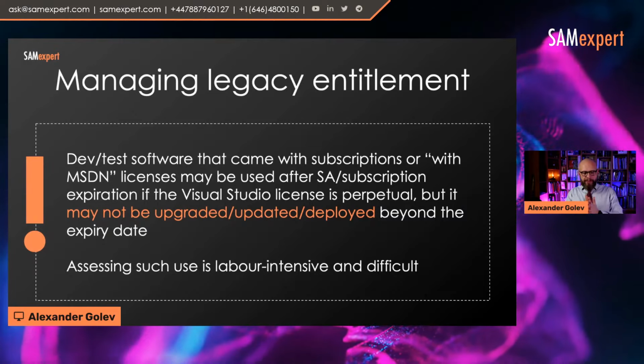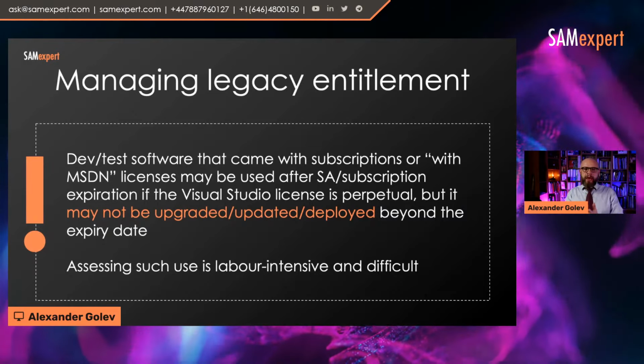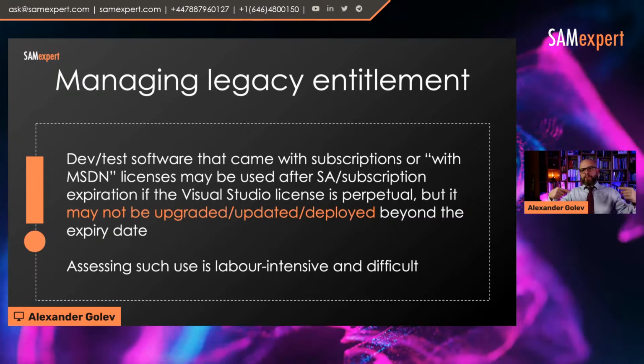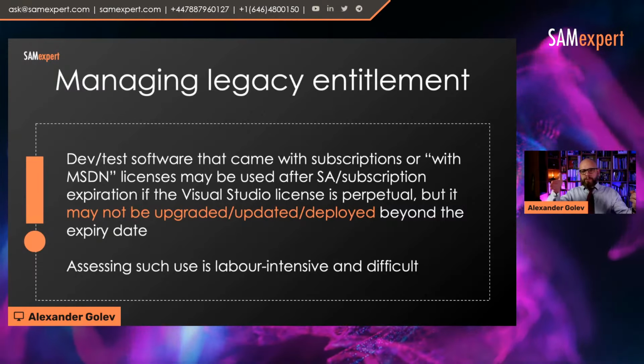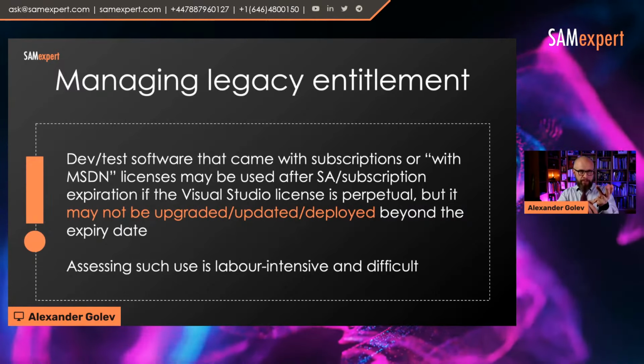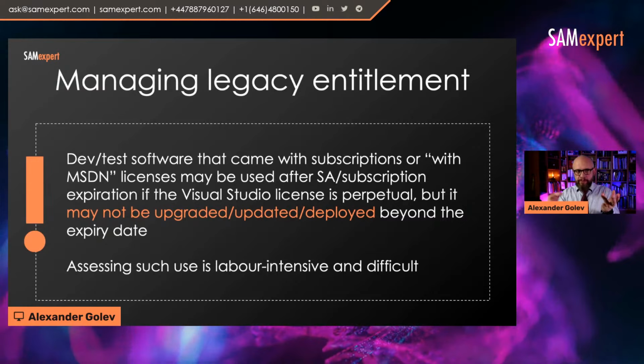If you bought those licenses as perpetual, and even nowadays, even if it's called subscription, you have an option to buy that as a perpetual license. When the subscription expires, you retain rights for your Visual Studio because it's a perpetual license.